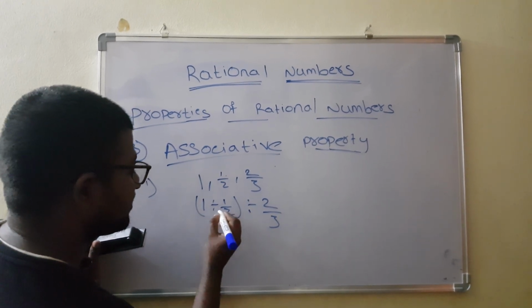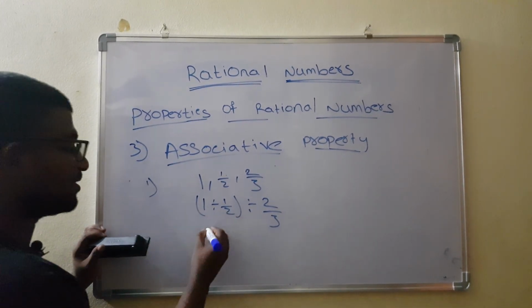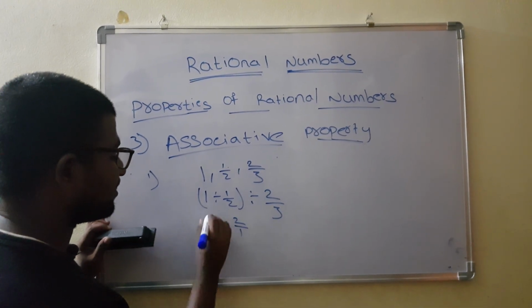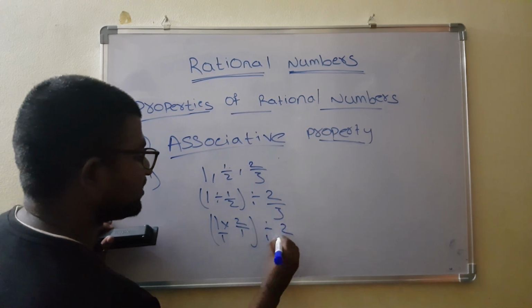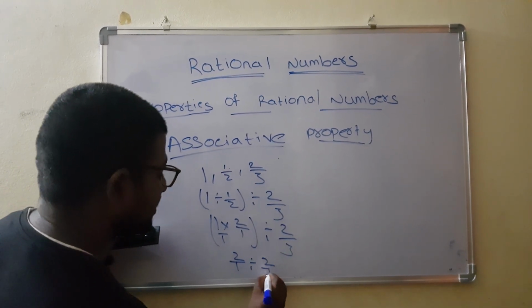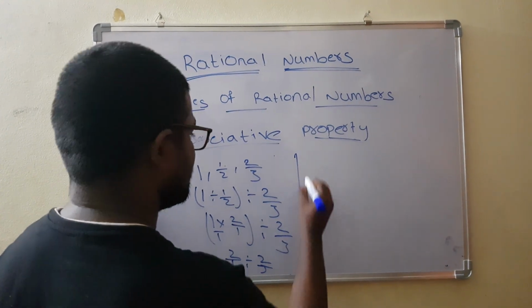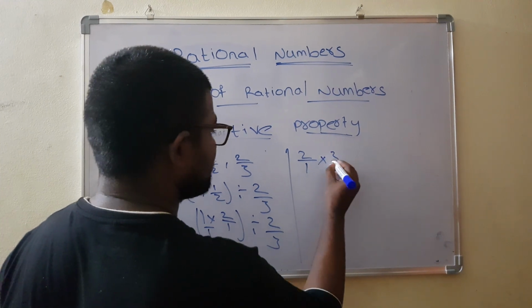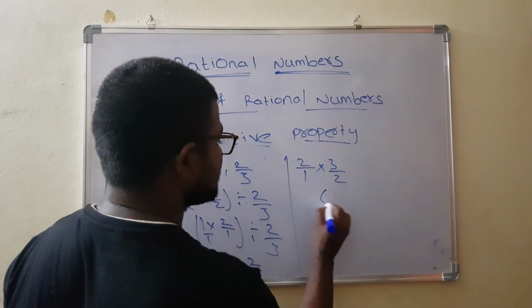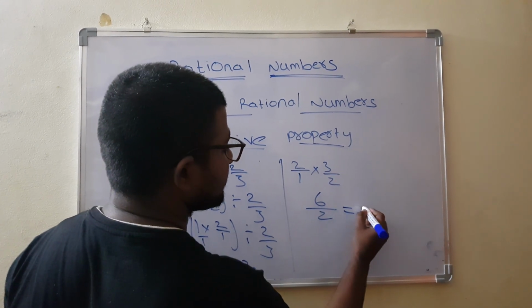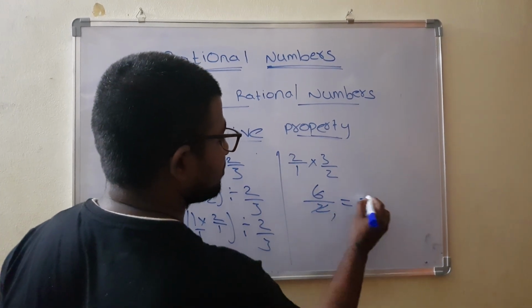That is by using the inverse property, 1 into 2 by 1 divided by 2 by 3. That is 2 by 1 divided by 2 by 3. That is 2 by 1, by using the inverse property, 2 into 3 by 2. What we get? 2 3 is 6 by 2. That is 3.